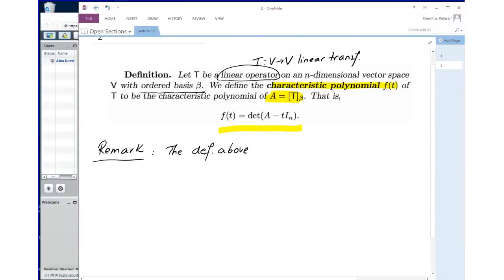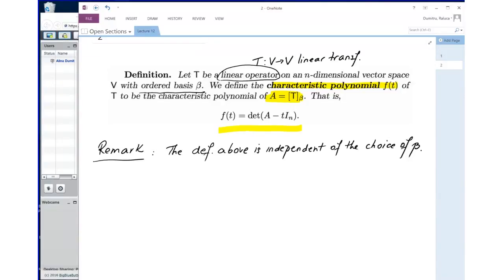The definition above is independent of the choice of basis beta. We'll actually give a proof of this, but in order to justify it, I'm going to need to go back a bit.